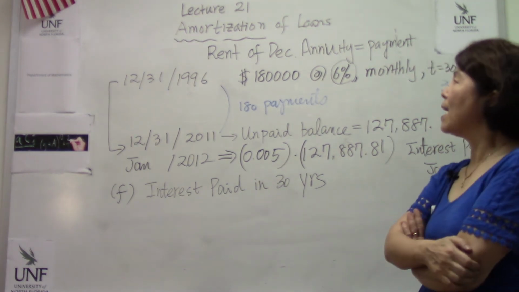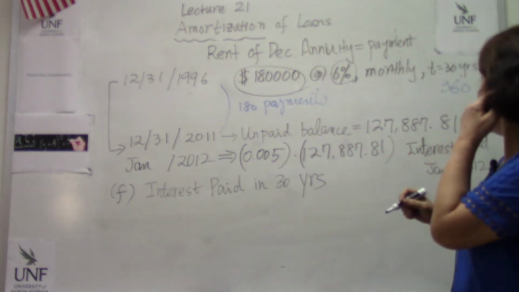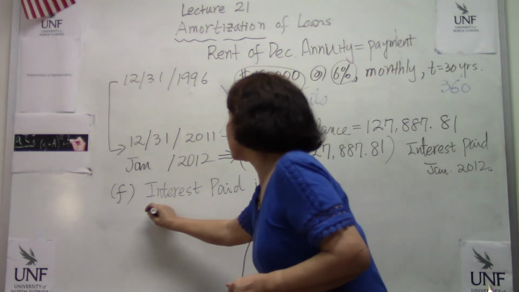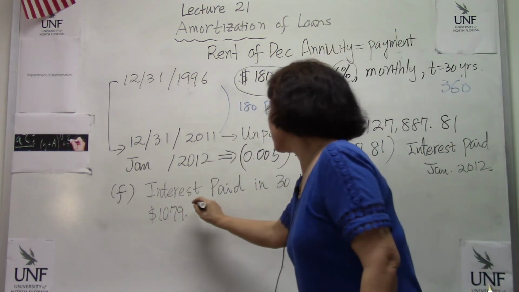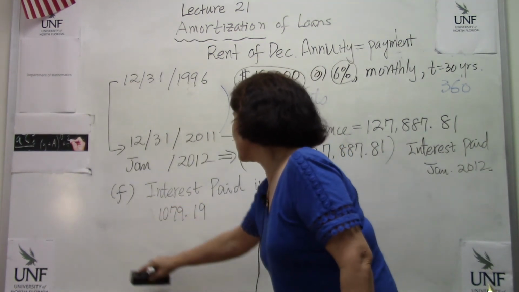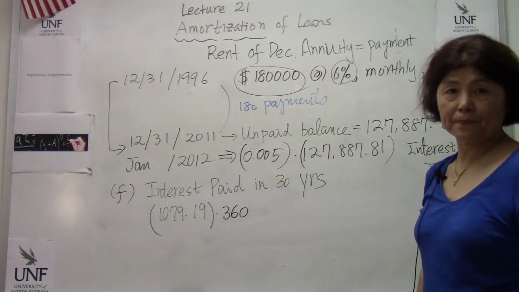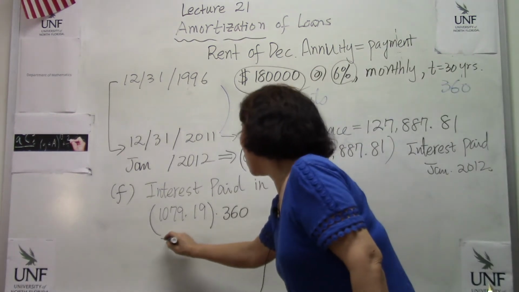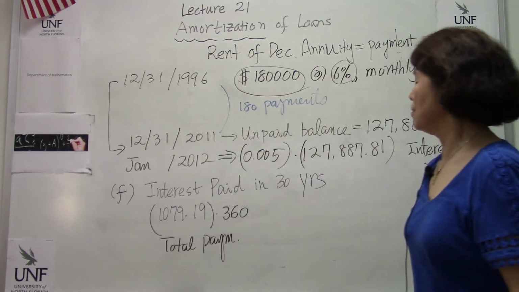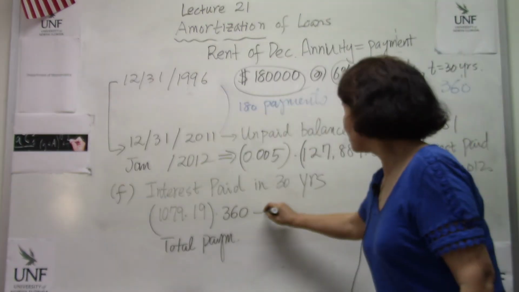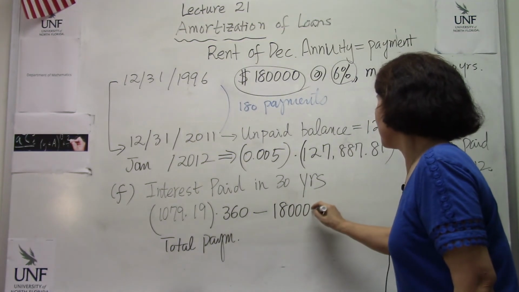So, what is the concept? You borrowed this much, but your monthly payment is $1,079.19. How many times do you make this payment? Yes, you make 360 times. Okay? This is your total payment. And subtract the amount you borrowed, 180,000.